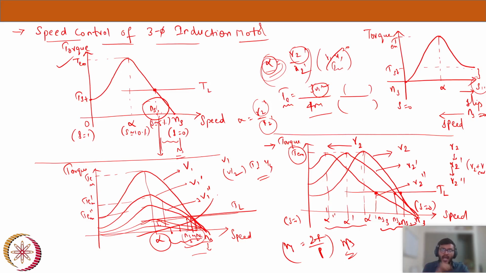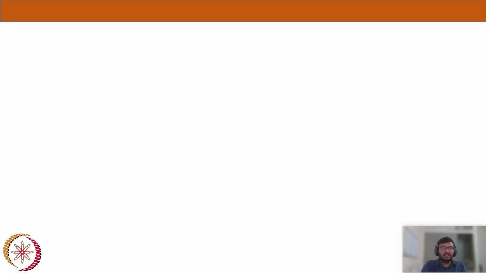So let's say I have an induction machine. Why can't I achieve such speed control with ease using my induction machine? That's where the first discussion for a very precise control of the induction machine came up. This is where people started to think, how can we achieve speed control using an induction machine?